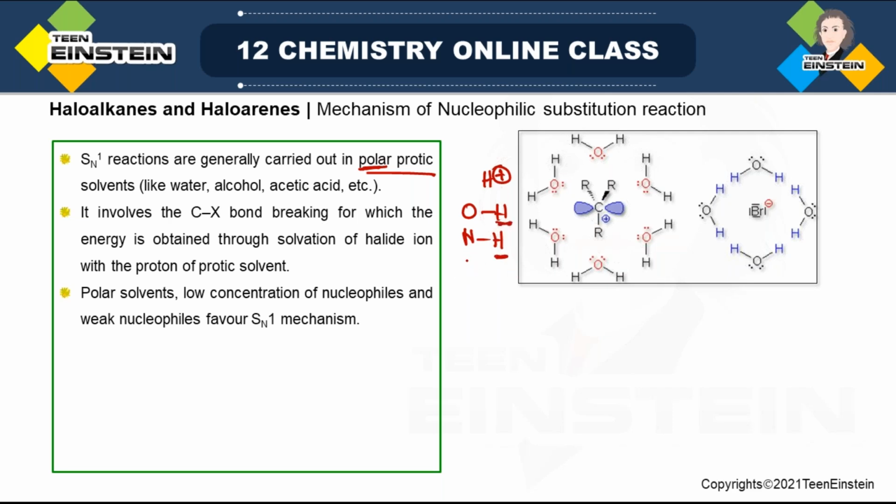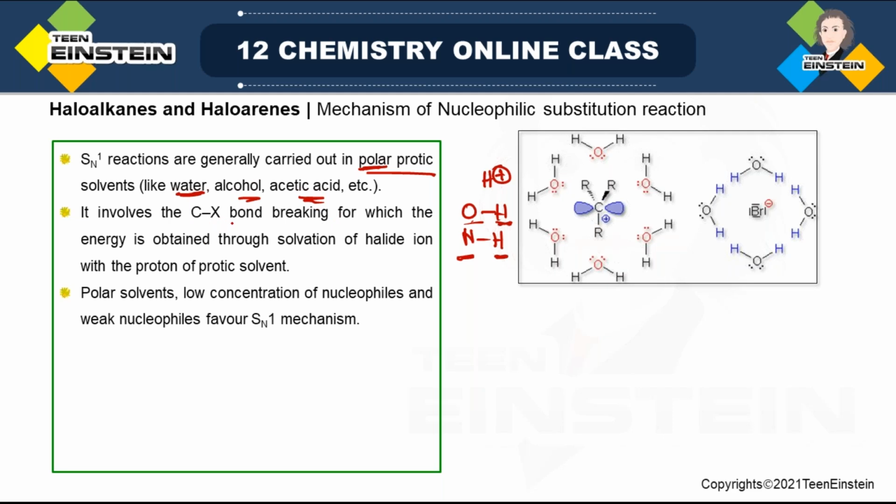Why am I calling it active? Because after removal of H as H plus, which is electron deficient, there will be negative charge over oxygen or over nitrogen. So if you have this type of OH or NH group, then only you can say that these solvents are polar protic solvents. Very good examples are water, because you have OH group, alcohol, you have OH, acetic acid, you have OH.